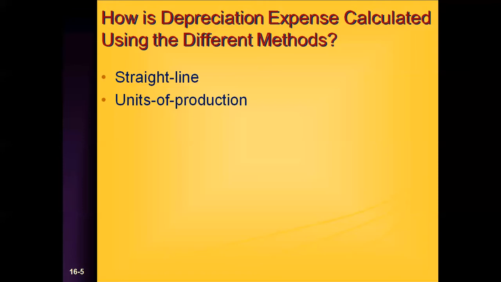Then you would basically identify how you would depreciate that by the number of units produced. So to calculate your particular depreciation amount, you would take the depreciation rate, which again is defined as the cost minus salvage value divided over the useful life in units, times the annual usage.